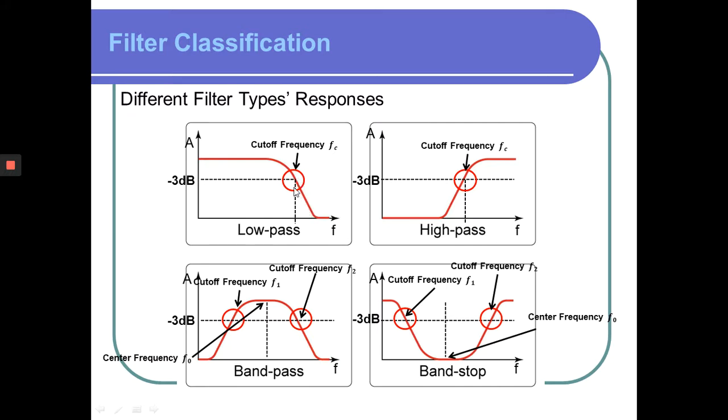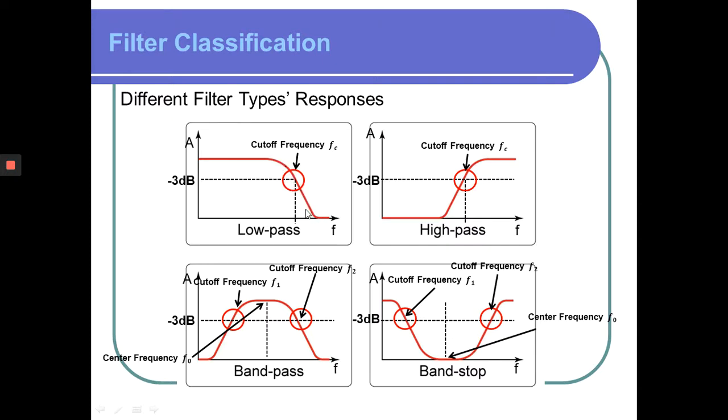The sharper this slope is, the better the filter is considered. Ideally it would come down like this in an ideal case. But since there is no ideal situation in the real world, the filter actually gives a slope.